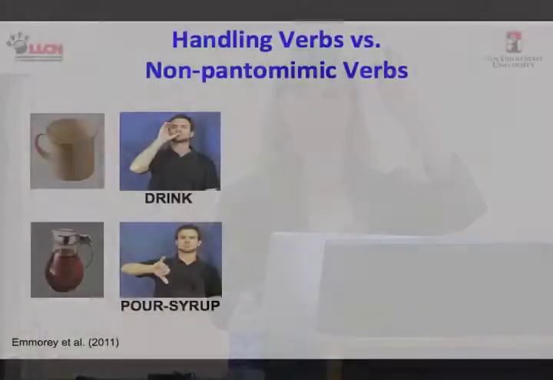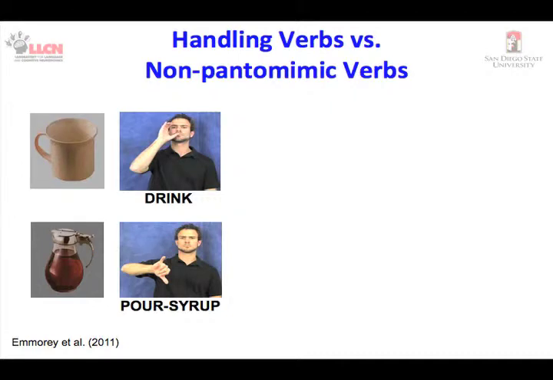So the brain is treating these forms as verbs for the deaf individuals and engaging language regions. Now what about if we think about these two types of verbs, the handling verbs and the non-handling verbs? If handling verbs somehow engaged pantomime regions, we should see more activation in this superior parietal region for those verbs than for the non-pantomimic verbs.